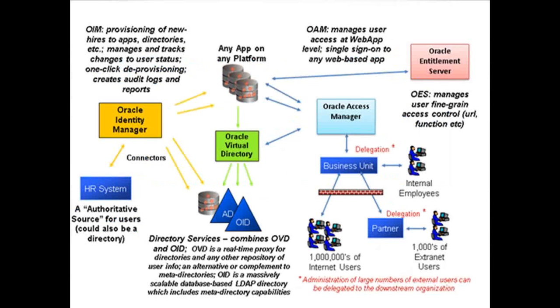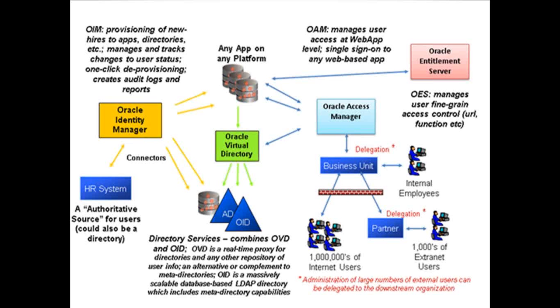Now we take a live scenario; in fact the live scenario is the next slide. We take how OIM, OID, OAS and these products are configured in a normal HR system.